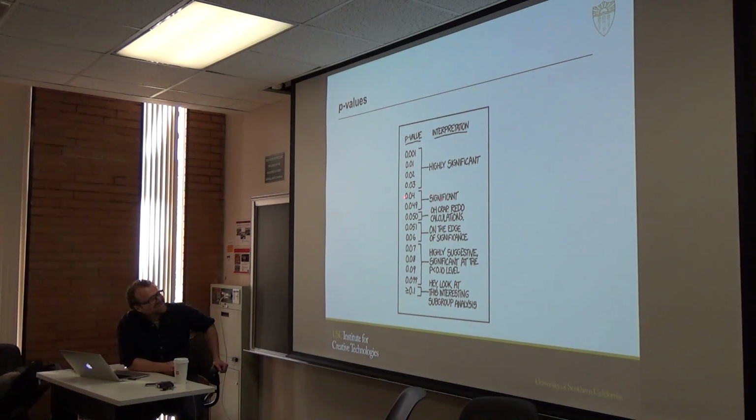If you have just 0.05, well, you rerun your experiments and hope that it comes out the other way now. You're on the edge of significance, highly suggestive, significant at a p-value of 0.10, and this is interesting subgroup analysis in this case, or it's probably significant at 0.2 or something like that.